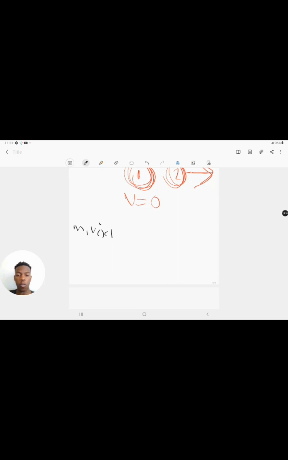That's the momentum of ball 1, plus m2, the mass of ball 2, times the initial velocity in the x direction of ball 2, all equal to m1 times the final velocity in the x direction of ball 1, plus m2 times the final velocity in the x direction of ball 2. Then you can substitute and solve. I haven't actually given numbers here because I'm explaining the principle.